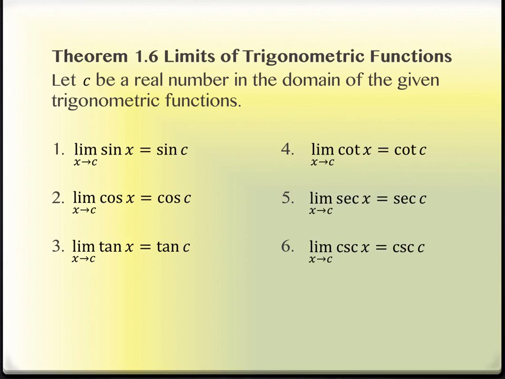So graphs of sine and cosine are really nice. Those are the wave ones, right? They just go up and down, they're smooth, they're continuous. There are no problems with sines and cosines and being able to just take the number and plug it in all the time. But all 4 of the others, tangent, secant, cotangent, and cosecant, all have domain issues.